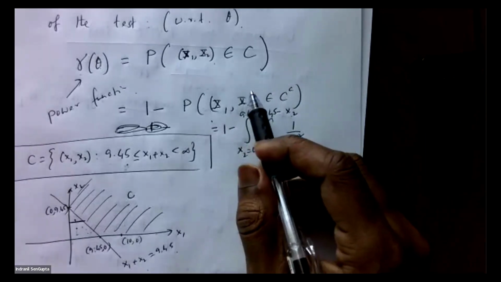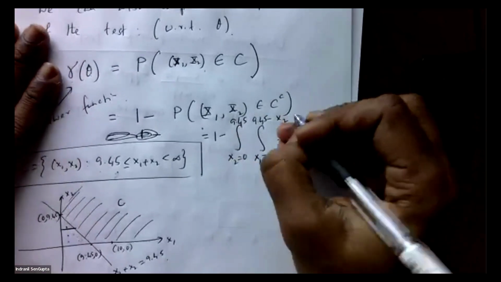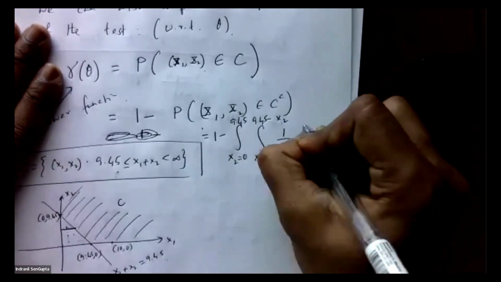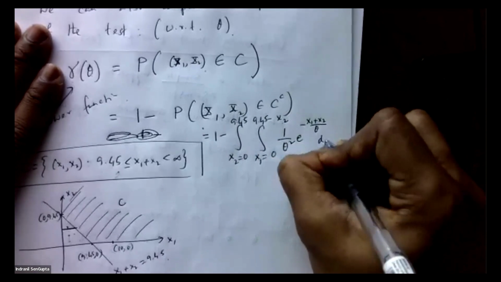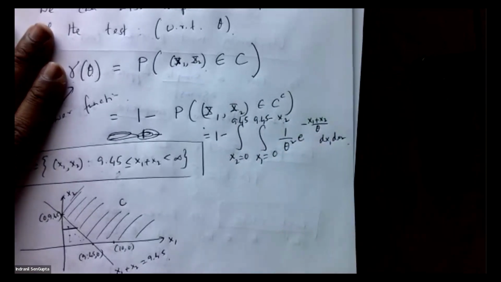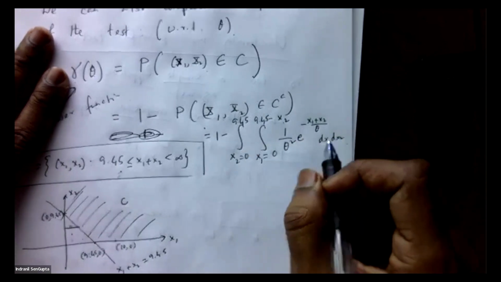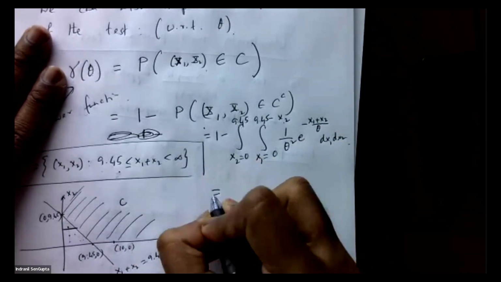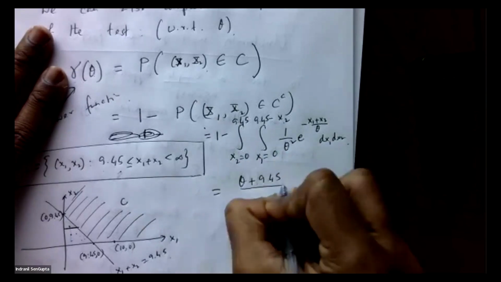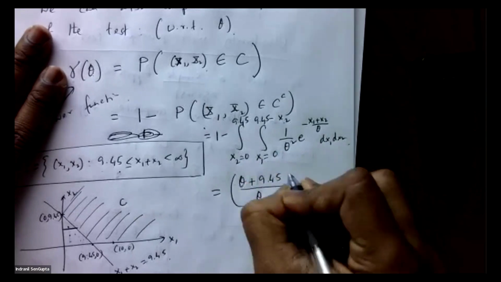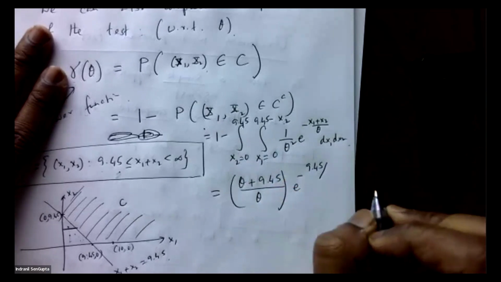I'm just integrating the joint PDF because they're independent. So it's 1 over theta squared e to the minus x1 plus x2 over theta dx1 dx2. Right? I'll leave it as an exercise. It's a very easy one to compute. And if you compute this, you'll get it as theta plus 9.45 over theta e to the minus 9.45 over theta.